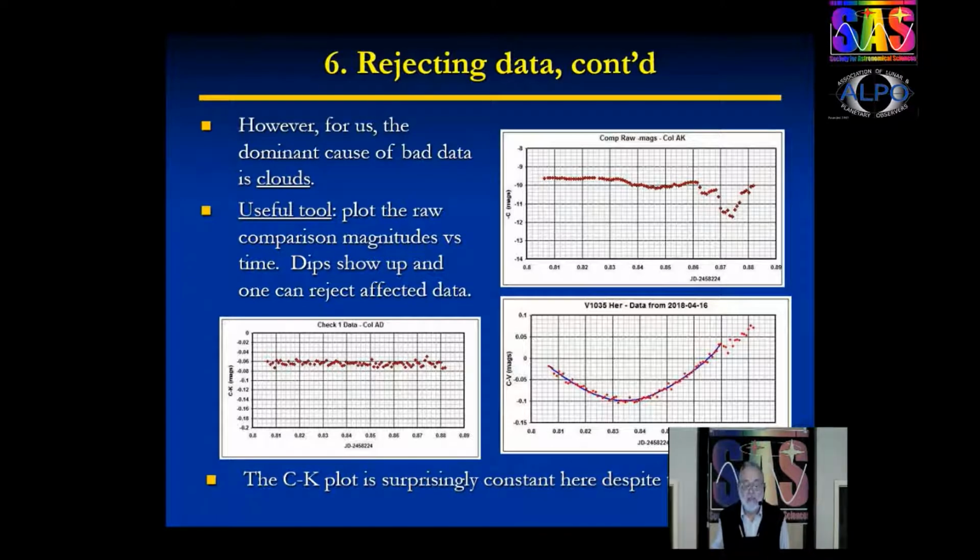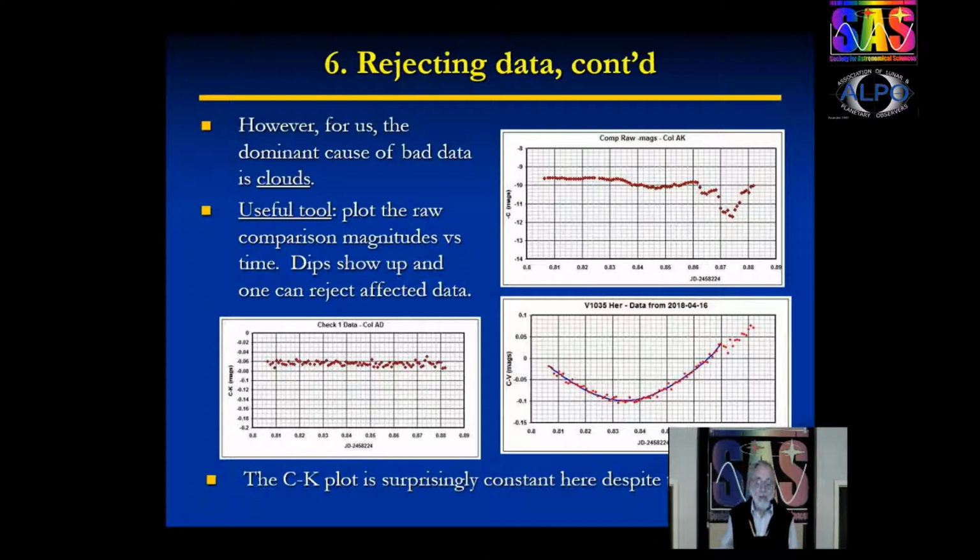So you can see from the upper right-hand plot there, the sky isn't too bad for me that night, back in April. But then towards the end, after JD 0.86, it gets really awful. And that's reflected in the light curve below it. You can see it's really awful there. And so that would be good and sufficient reason to reject that data.